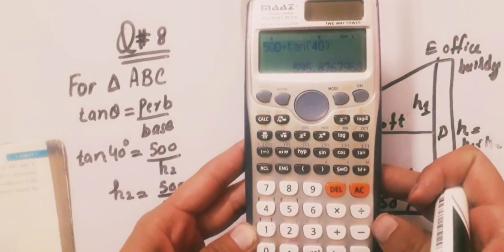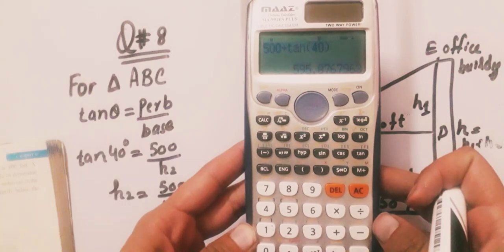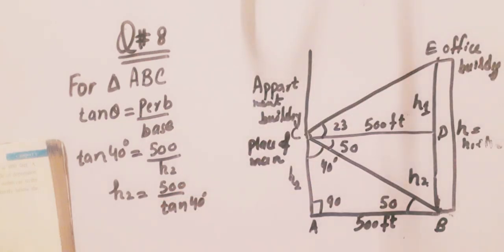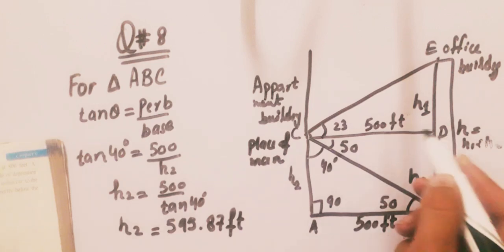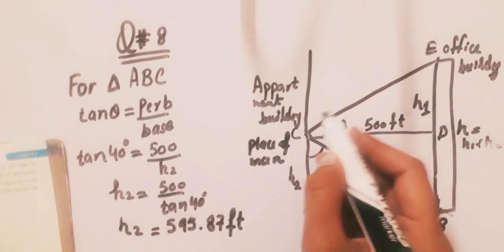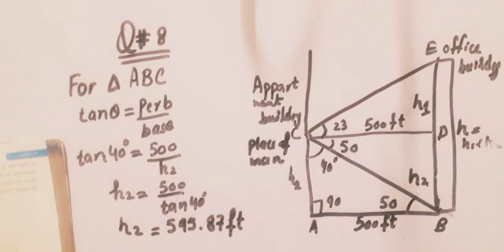Now the answer is 595.87. So h2 is equal to 595.87 feet.